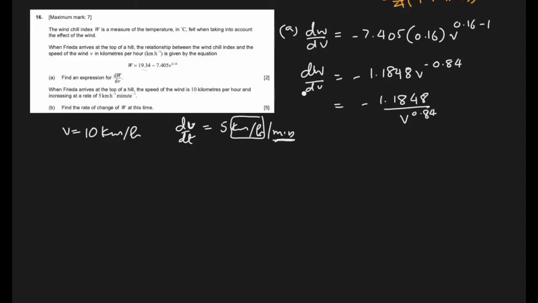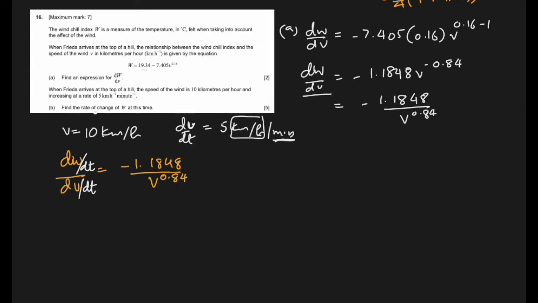So we will use our expression which was here. Let me write it again. dW over dV was minus 1.1848 over V to the power 0.84. Now, since time is involved, we will write rate of change of wind chill divided by dt, rate at which speed is changing divided by dt. So by chain rule we can do this. This is what they're asking.